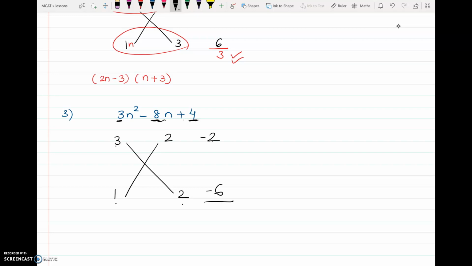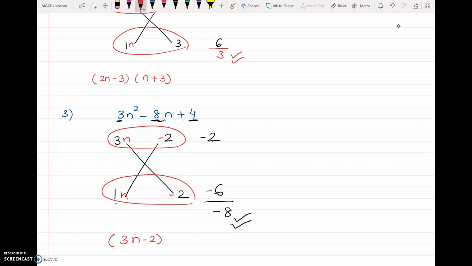So negative 2, negative 6 gives us negative 8. Yes, it works. So we are going to transfer that negative sign with our numbers here, and we'll write our letters here, make a bubble, and the final factorized form will be 3n minus 2 and n minus 2.